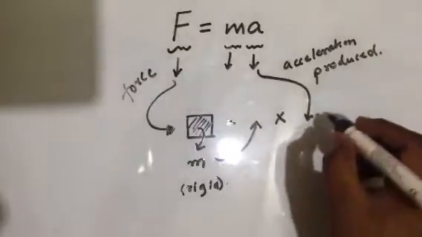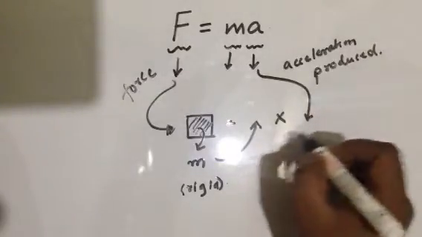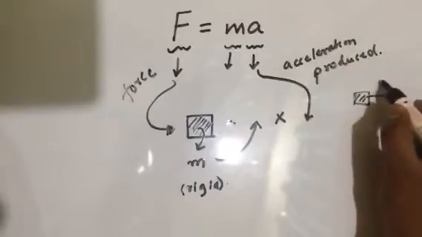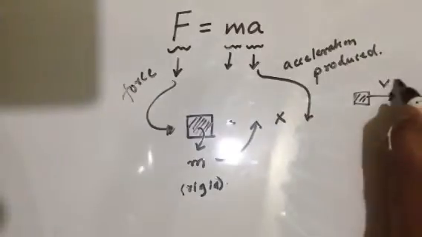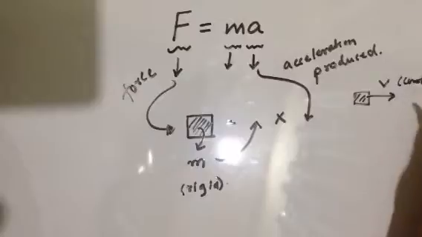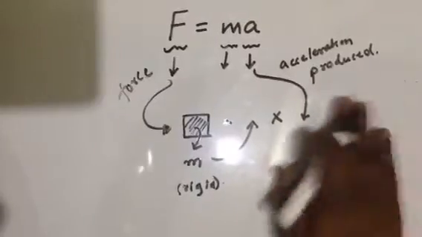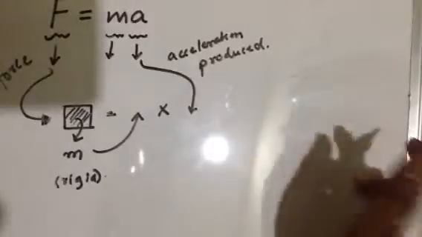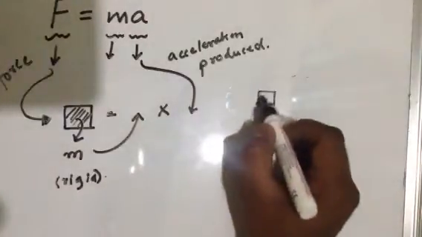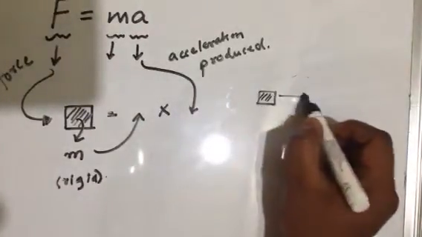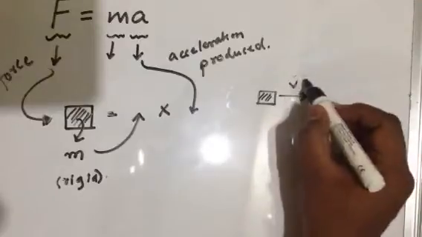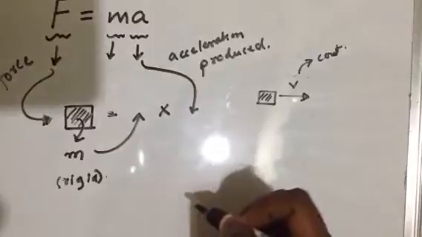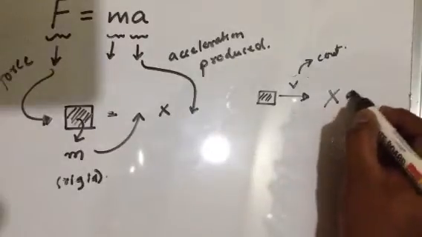That means if a body is moving with a constant speed, let's say the body is moving with a constant speed v. Okay, if I have a body that is moving with a constant speed v, this is a constant, then we don't say it is accelerated.